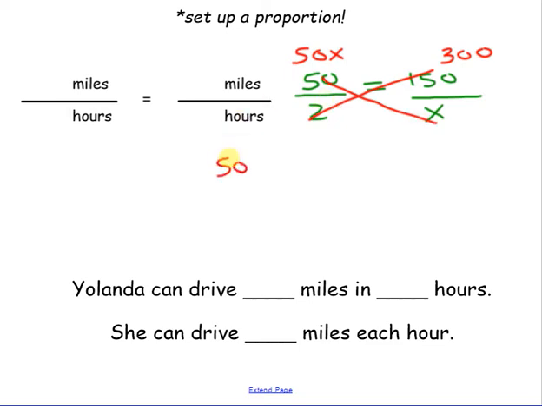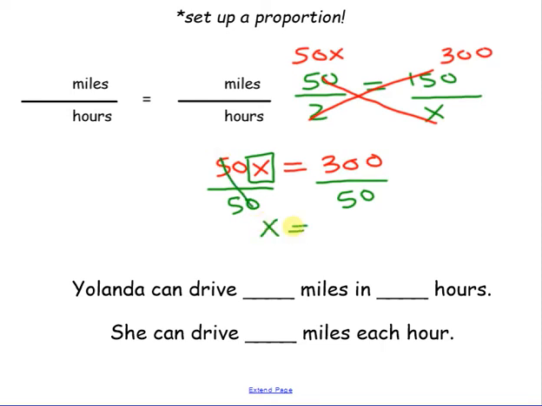So I have 50x equals 300. Remember, I box my variable, and then I'm going to divide by 50 because that's what's attached to the variable. Whatever I do to the left, I do to the right. So these two 50s cancel out, and I have x equals 6. So my missing value here is going to be 6.